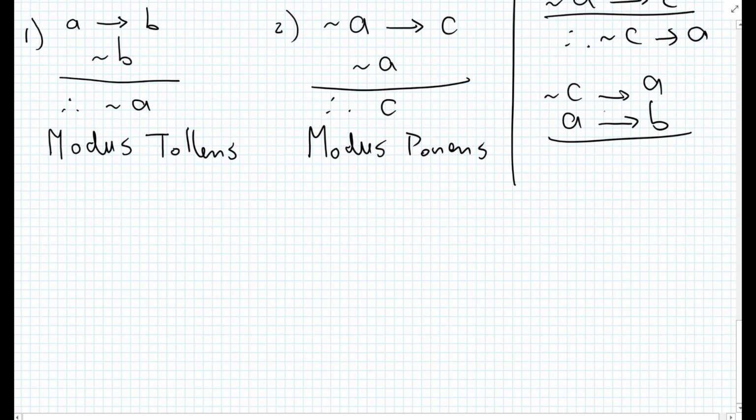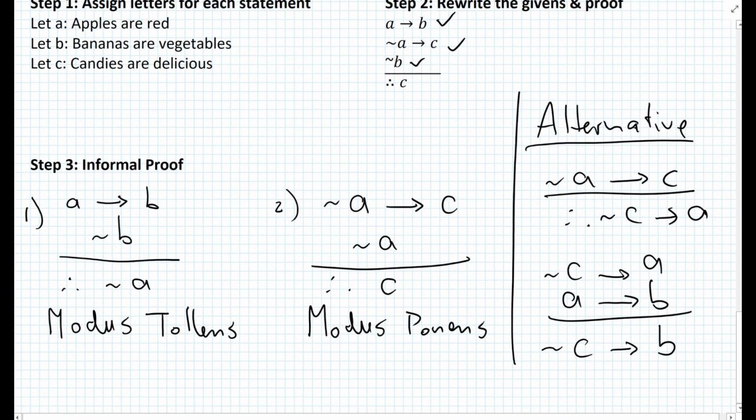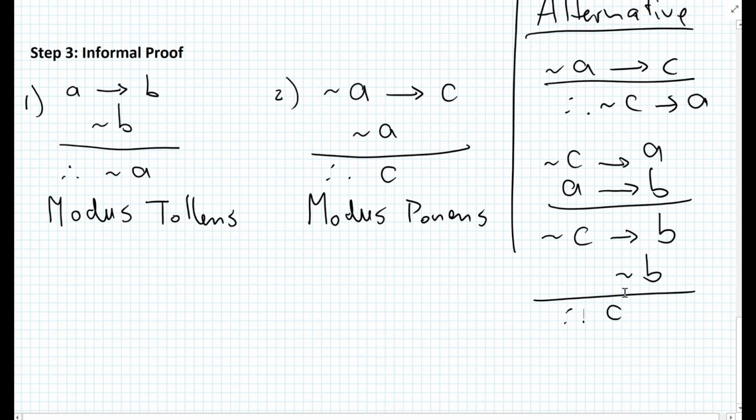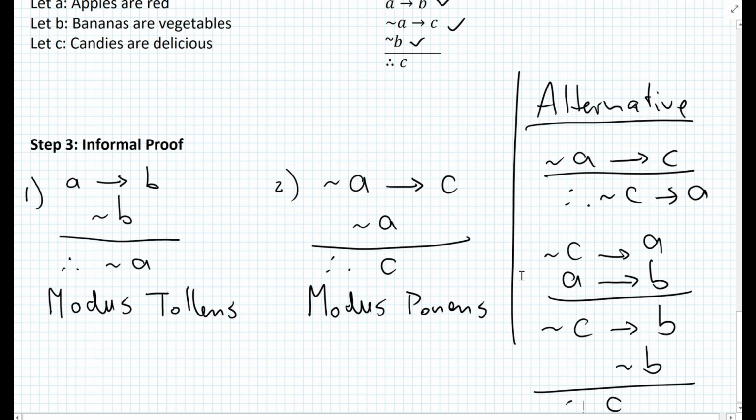If not C, then A, and if A, then B. Therefore, if not C, then B must be true. And then we still have not B left. Okay? And if not C, then B, but it's not B, therefore it has to be C, okay? And that is actually called a modus tollens. So that's an alternative way to do it, okay?